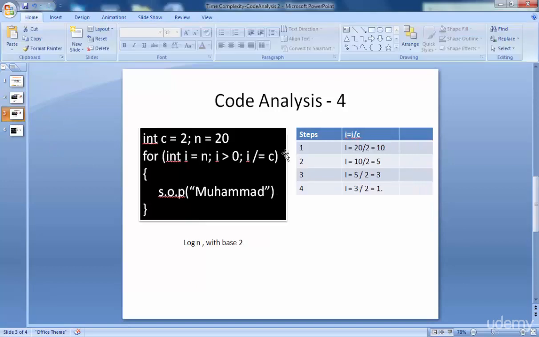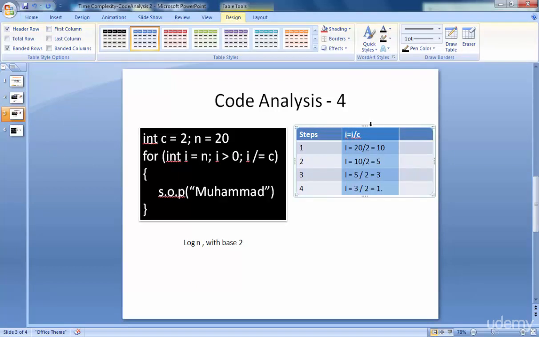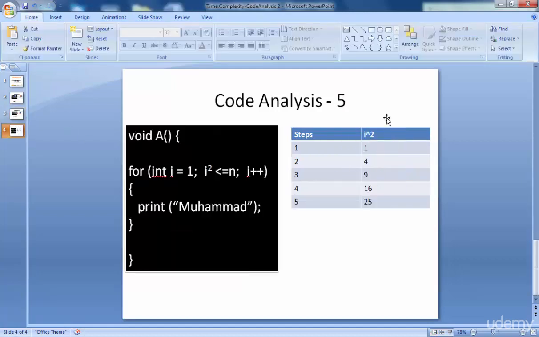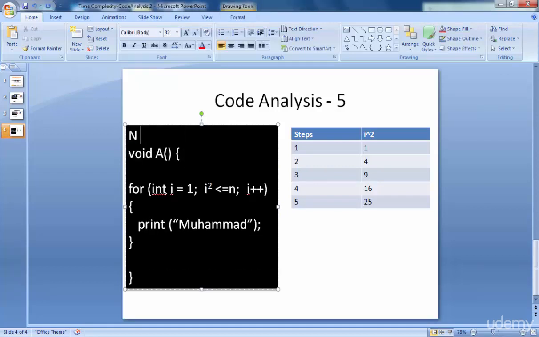In case of division, when we divide the values, then we were getting some values with a pattern. So here again, try to analyze the pattern, that with what pattern the values are coming in. So here we have 1, then 2, 3, 4, and if you see, it's a square root pattern, right? So let's say the value of n is 50, right?